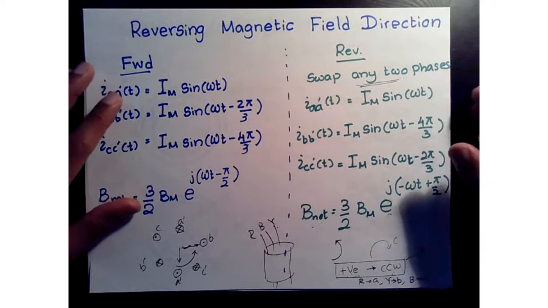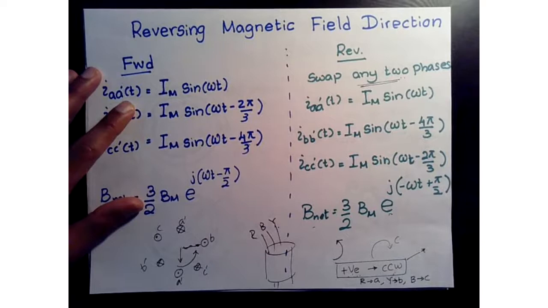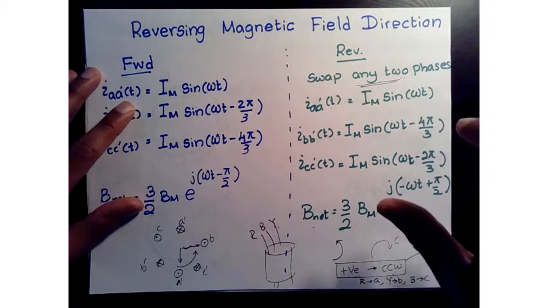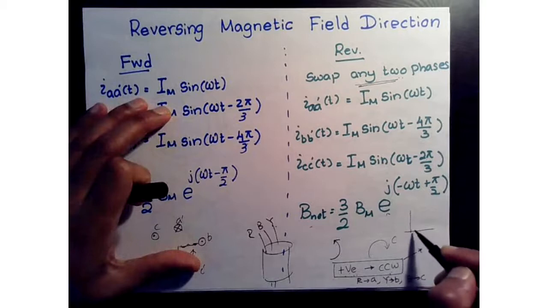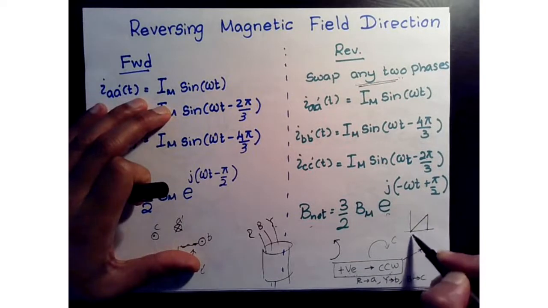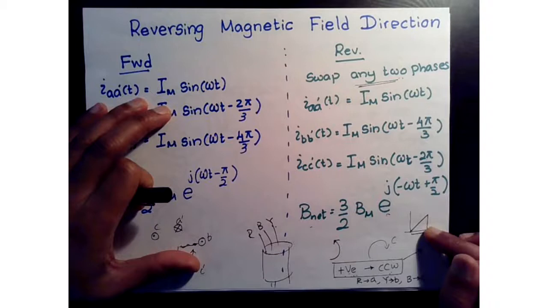Especially if you are going to do field oriented control, and you connect a position sensor to that motor, typically your position signal is a ramp with respect to increasing rotor angle, and the positive ramp tells us that it's in the positive direction.